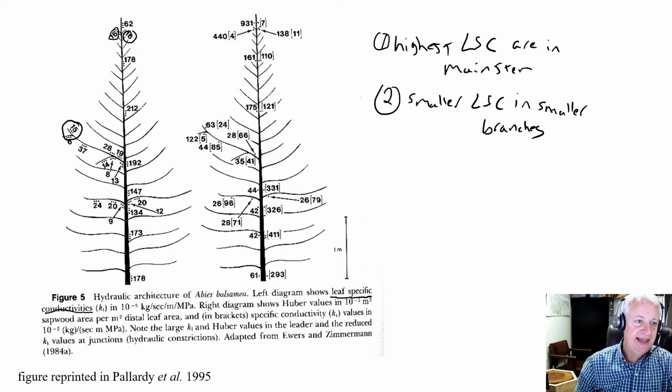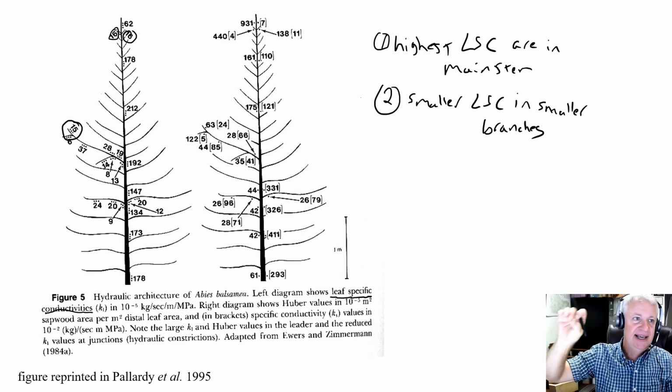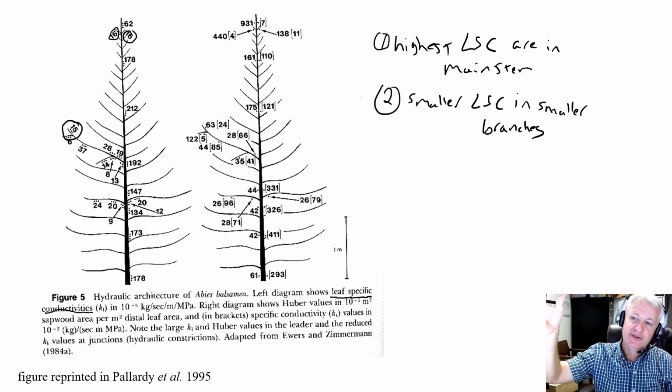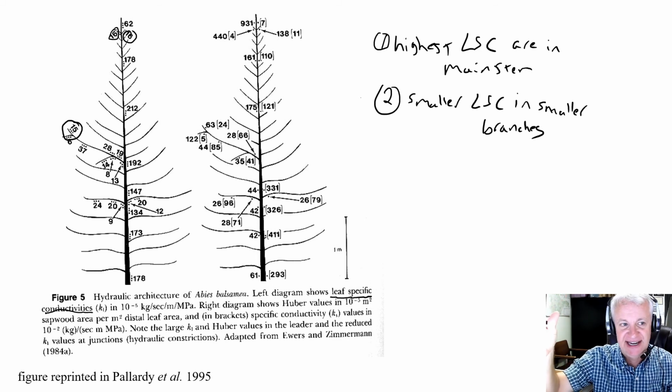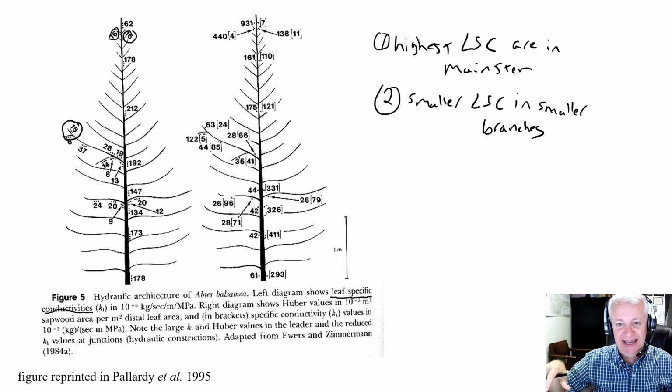But basically what they hypothesized was that those very low conductivities moved potential breakages in the water column out to the ends of the branches and made that vulnerability to cavitation happen at the very ends, so that breakage of the water column happened at the ends.